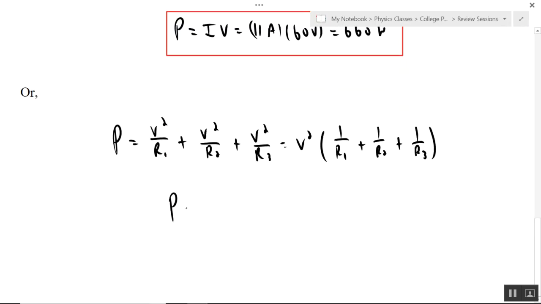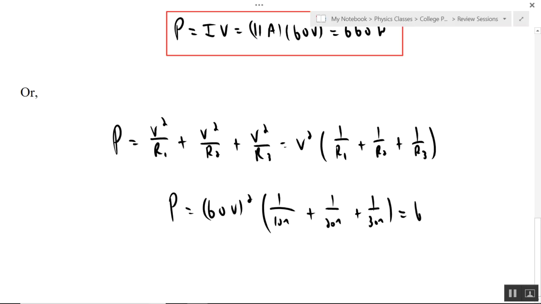So this is 60 volts squared times 1 over 10 plus 1 over 20 plus 1 over 30. And that should give you 660 watts, if you do it that way. So either way, you get the same answer.